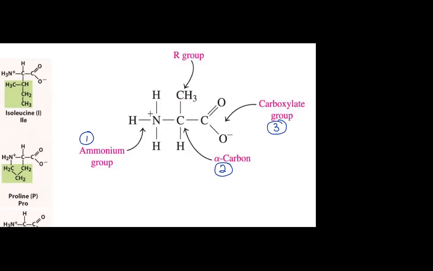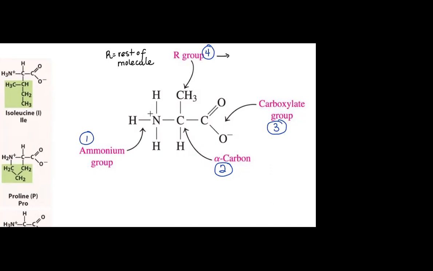Now, every single amino acid also has what is called an R group. And remember that R group is a concept that I introduced to you guys in chapter 11. R means rest of molecule.